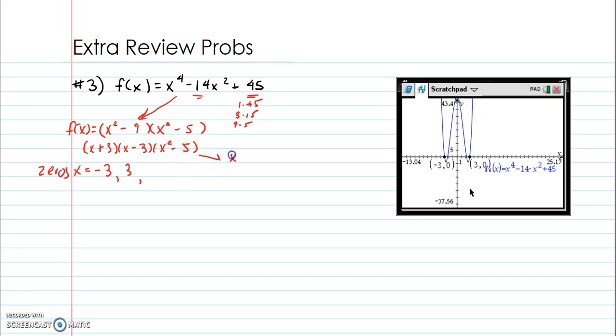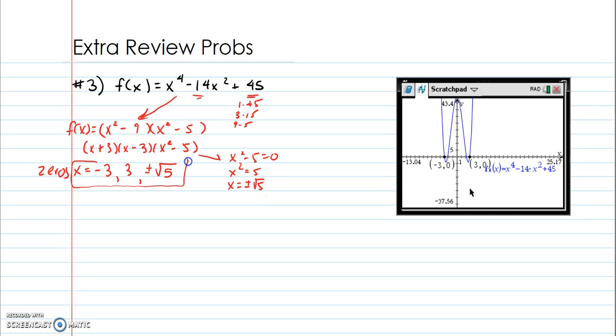This one I kind of have to do a little work. I'll say x squared equals 5. Remember, we're setting everything equal to 0 always. So I have plus or minus the square root of 5. And I don't need an i because when I took the square root, there wasn't a negative.